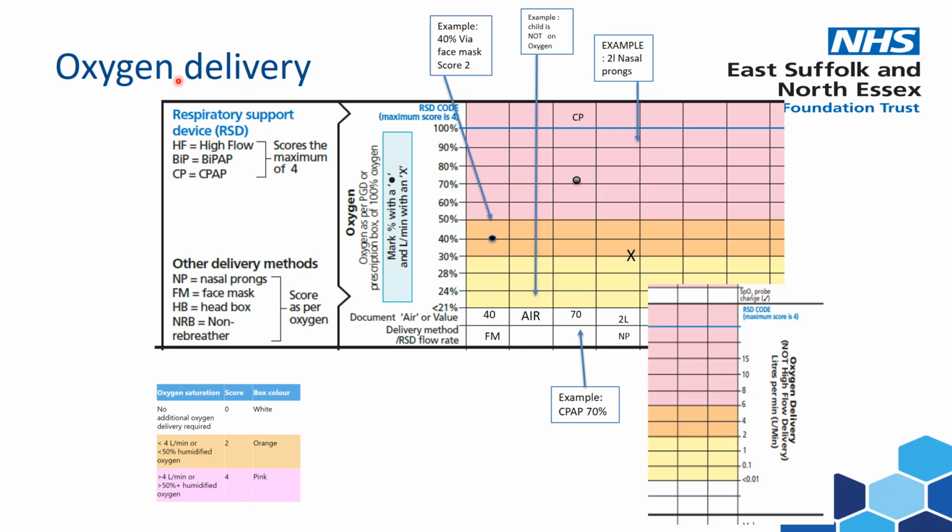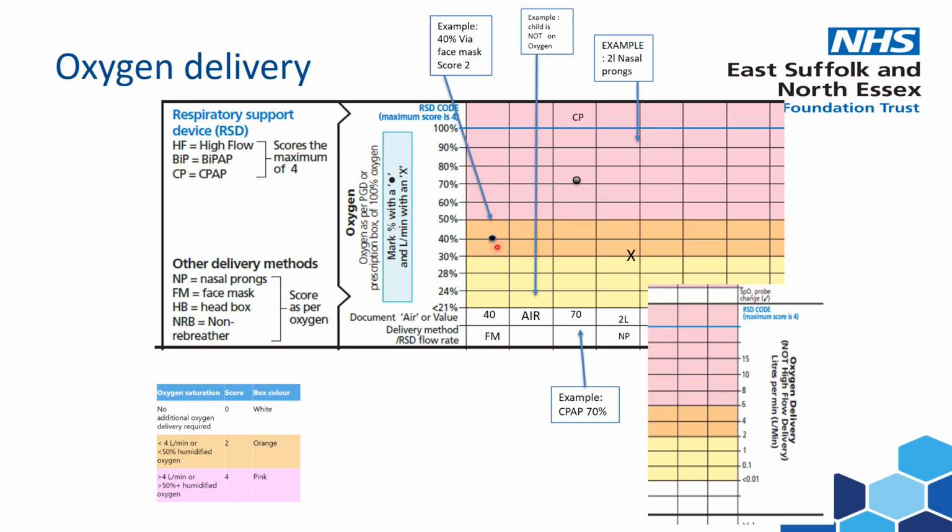And then you've got your respiratory support devices, which is unlikely that you are going to use when the child is with you, because I don't think you've got access to this at Clacton UTC. So this is for your higher flow oxygen, so high flow, BiPAP or CPAP. So if we first start off with these delivery methods, if your child is getting anything with these delivery methods, so the lesser oxygen, then you would take your score from how much oxygen they're receiving.